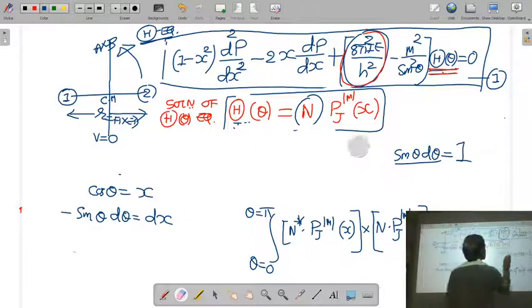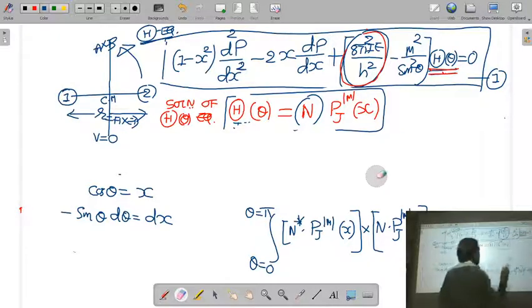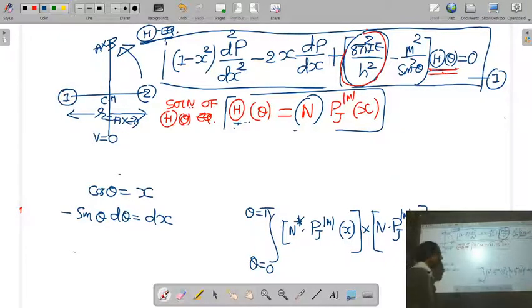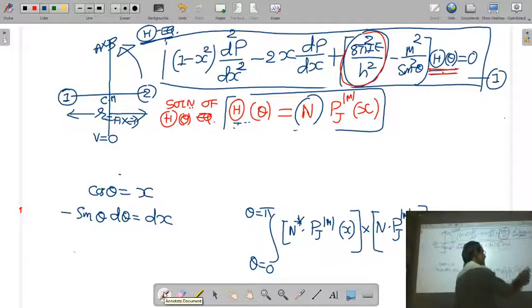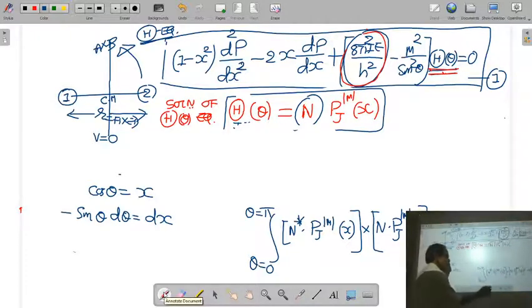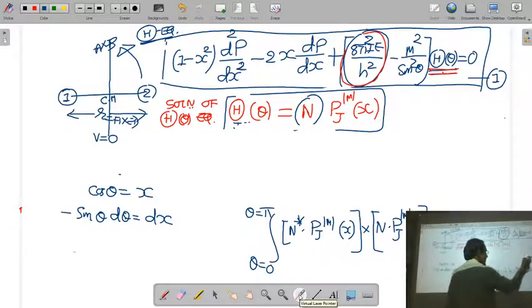Okay, now we have converted the integration with respect to theta to the integration with respect to x. So we also have to change the limits, because we have converted the theta integral into an x integral.